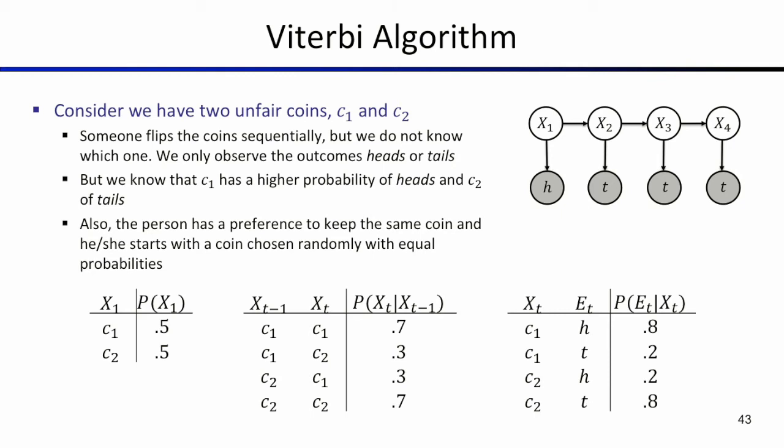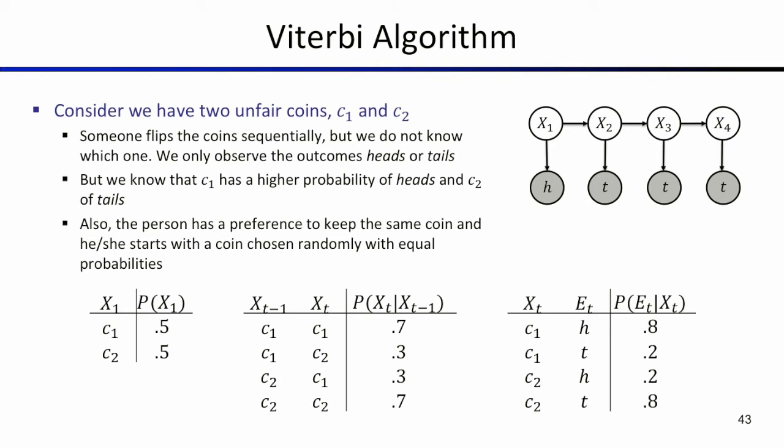Let's suppose that we have a sort of game and we have two coins, both unfair: coin C1 and coin C2. Someone flips the coin sequentially, but we don't know which one. The person selects one of the coins, we don't know which one, and flips it. We observe the outcomes, which are heads or tails.